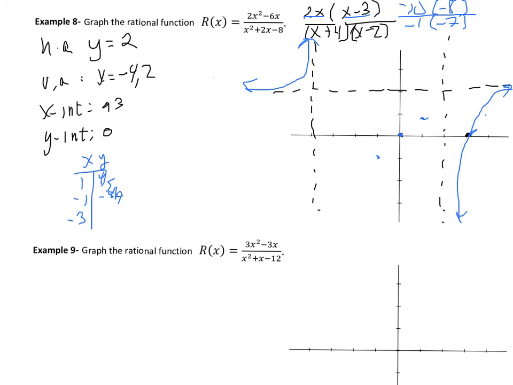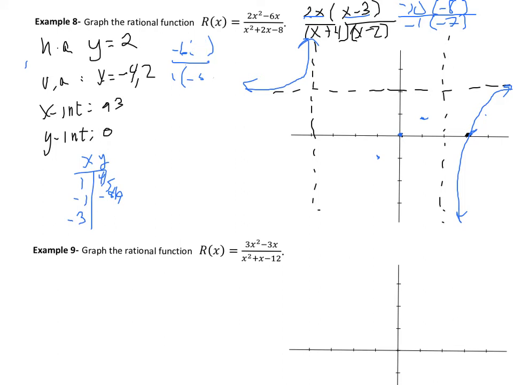Okay, so 2 times negative 3 is negative 6. Negative 3 minus 3 is negative 6. Oh, gosh, I have to multiply that together.